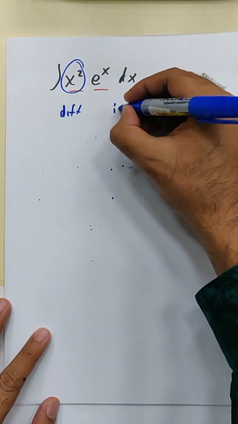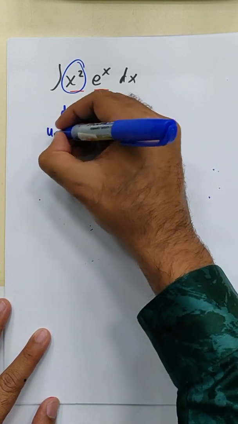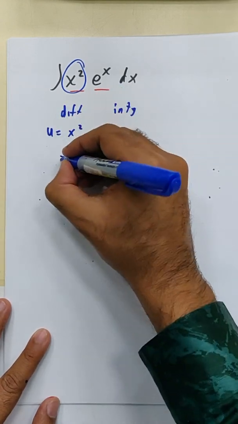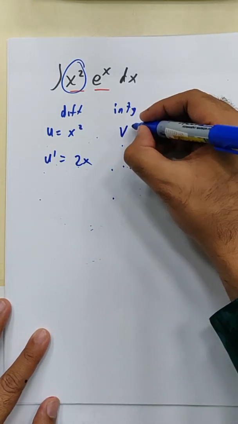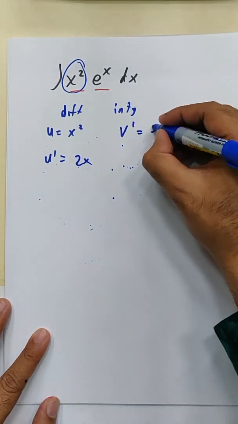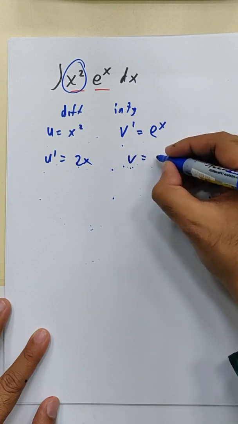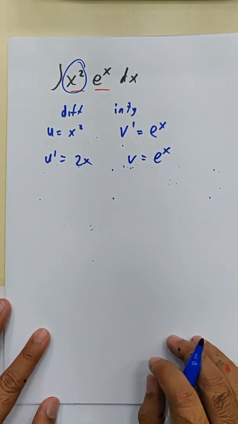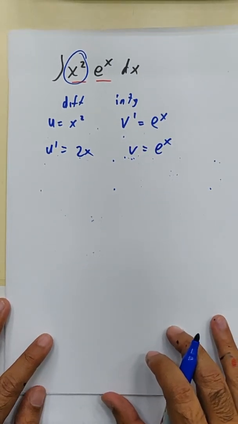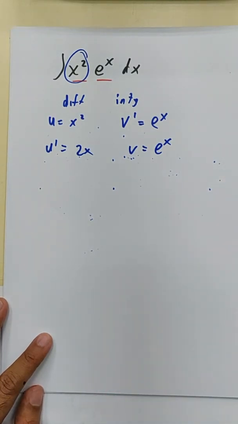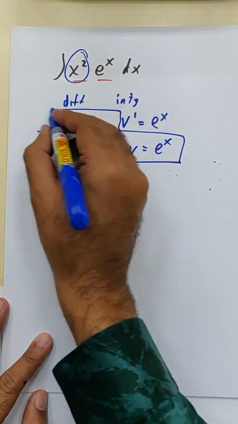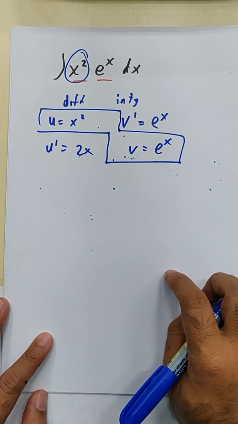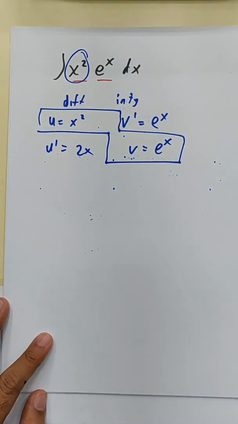Remember, you have differentiation, you have integration. So differentiate x squared to 2x, integrate e^x, e^x. Okay, so what do I do now? Z. Well, actually, I remember this one, what do you call that? Tetris more.